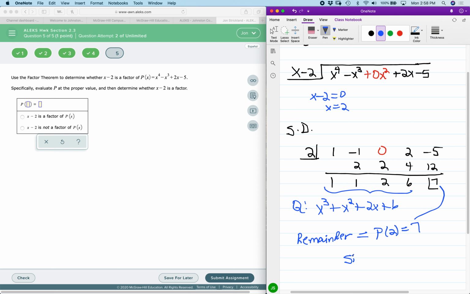And if x minus 2 had been a factor of this 4th order expression, the remainder would have been equal to 0. But since the remainder, p of 2, is equal to 7, which does not equal 0, it's going to follow that x minus 2 is not a factor.